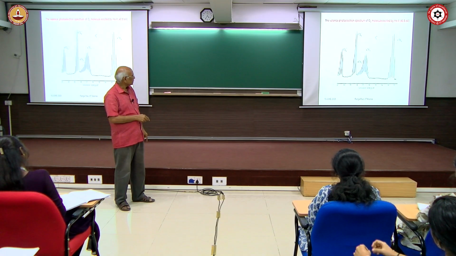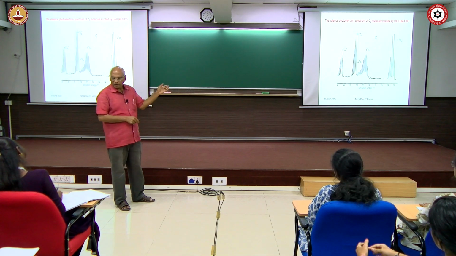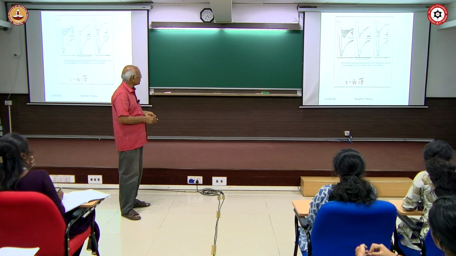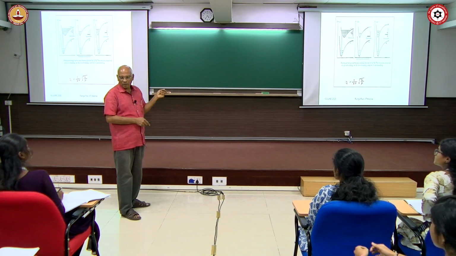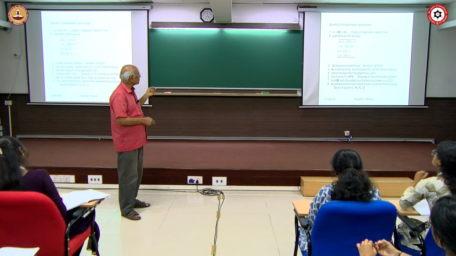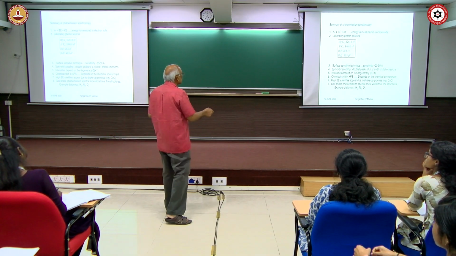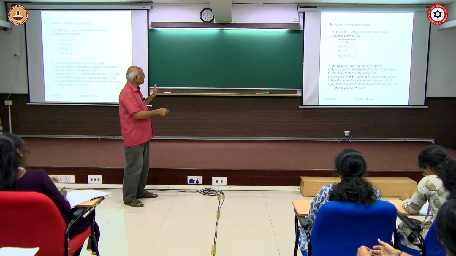This is the ultraviolet photoelectron spectrum of the oxygen molecule, which gives a vibrational spectrum. This is given a little in McQuarrie's book, and Banwell also gives some idea.